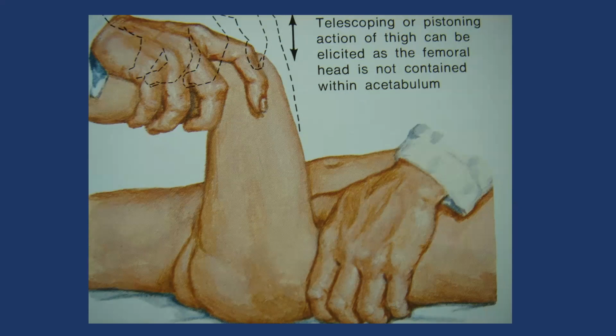If it's dislocated, it acts like a telescope, up and down, up and down. Okay, so keep this in mind. Telescoping: the hip is dislocated, it's not fixed in position, and you can move the hip within the soft tissue.